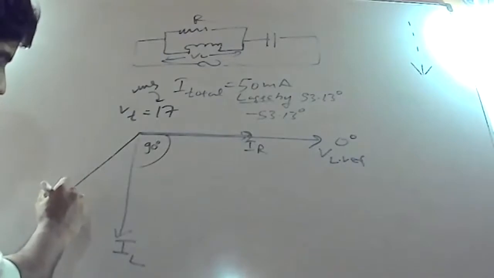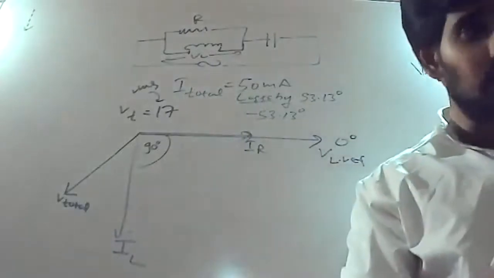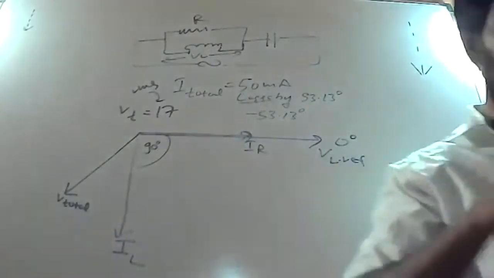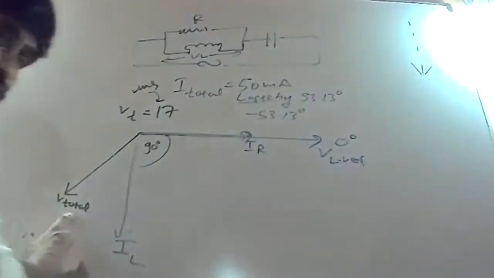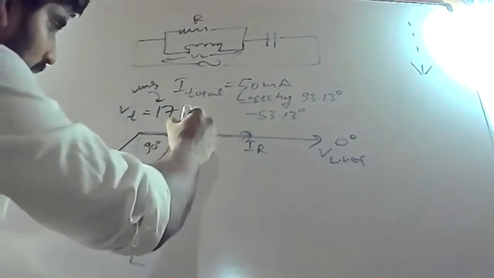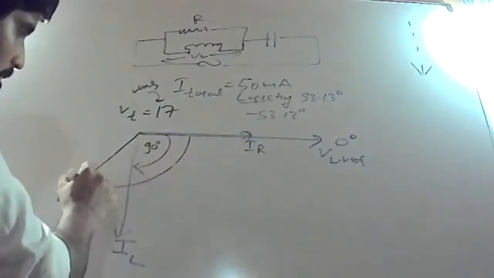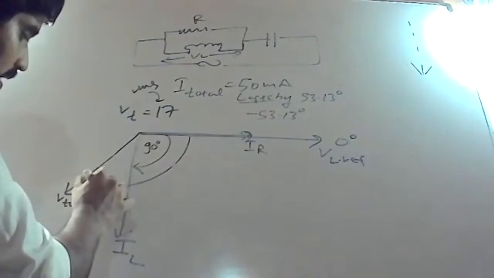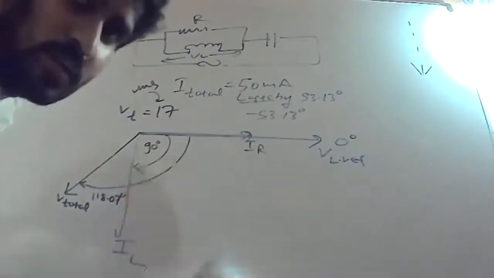What is this? V total. But in this diagram I will not put the numerical values, because we have already calculated them. So this is V total, the total voltage. What is the angle? 108.07 degrees.